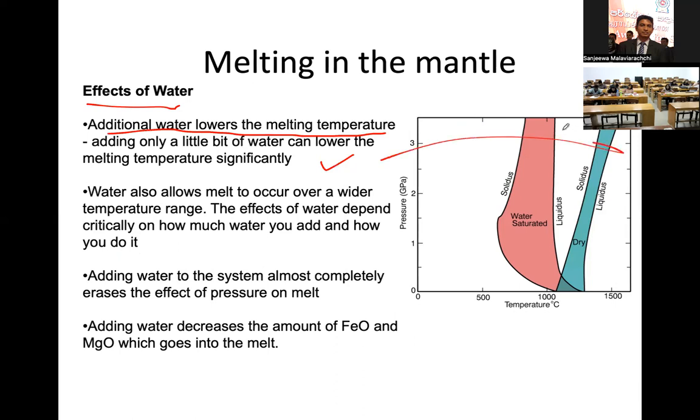You can see here the original solidus was here, but it was moved to this level. That means a significant temperature drop you could expect, right? So this is significant.